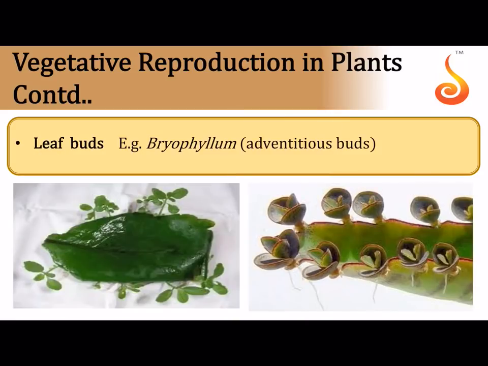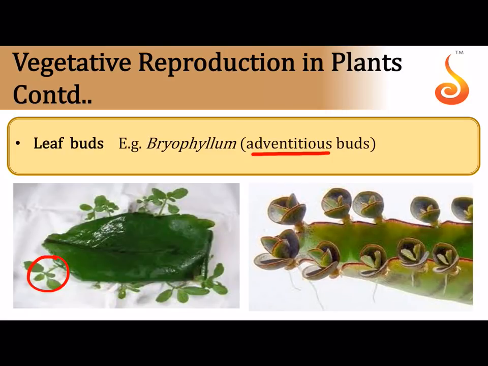Leaf buds. Surprisingly, these are called adventitious buds because buds don't develop usually on the leaf. I told you in the previous slide, like how we called it adventitious root, because root developing on the stem is something abnormal. Here bud developing on the leaf is abnormal, so we call it adventitious buds.